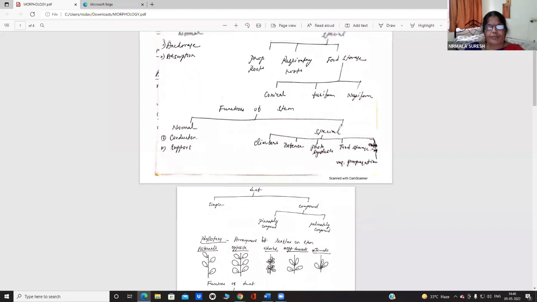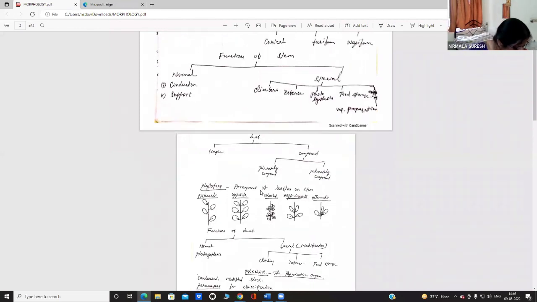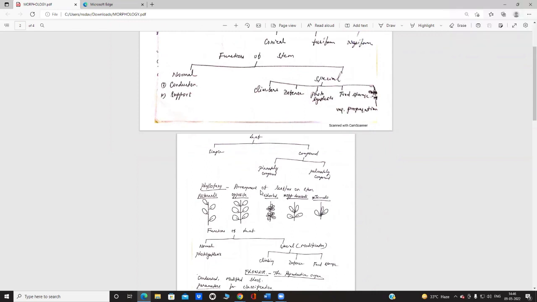Then leaves. Coming to the leaf, I'm not actually giving the concept for the teacher. As we know, we are all teaching professionals. I'm only giving the methodology of how to make the chapter more interesting and easily reach the child. Leaves are classified into simple leaf and compound leaf. We can show them a simple leaf, teachers.